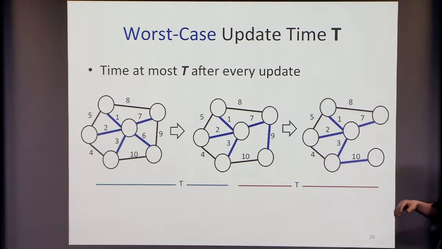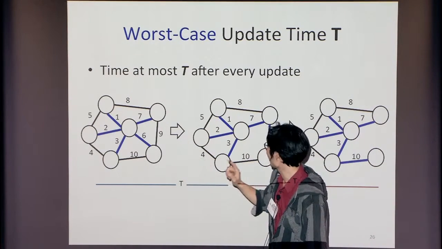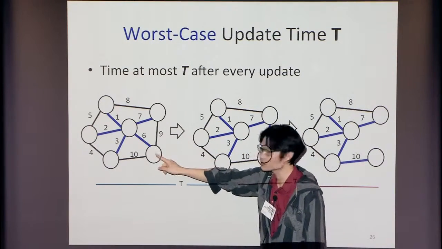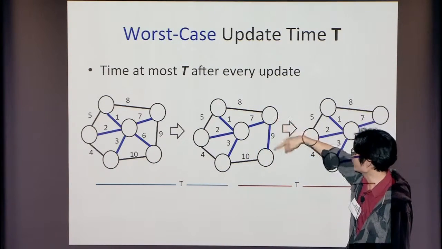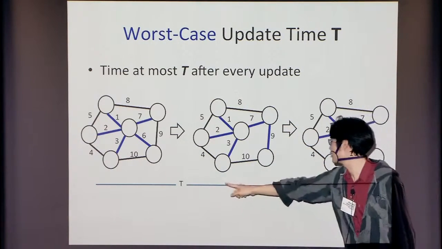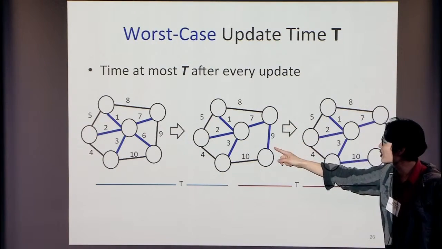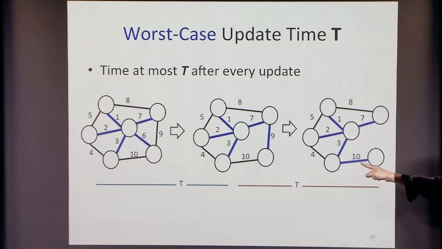For example, if you want to maintain the minimum spanning tree, it counts the time from when you delete this edge in this graph, until when you get the new edge, which is this edge, in the minimum spanning tree. So this is one time, and then you delete something again. You delete this guy, then you get this guy, and then you get another time t. And this is called worst case update time.